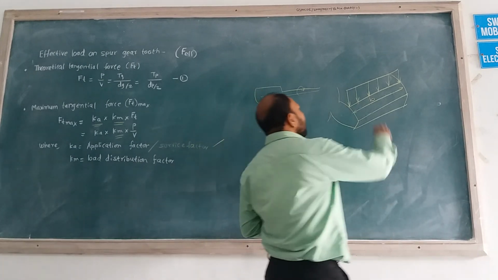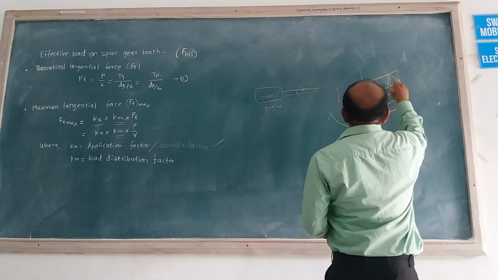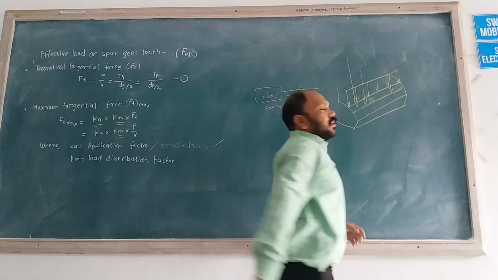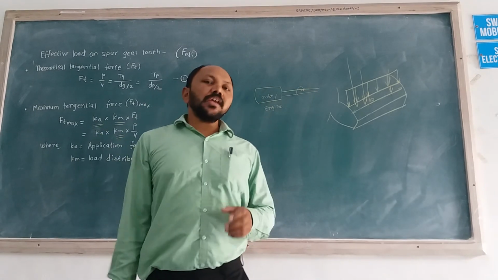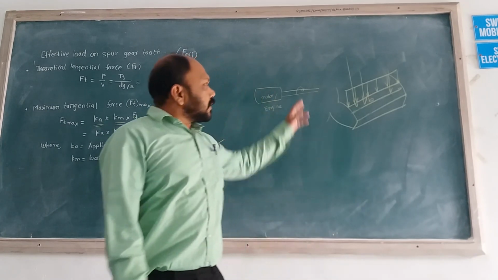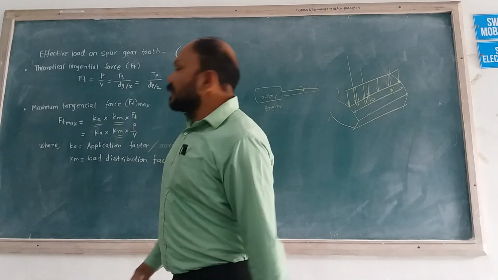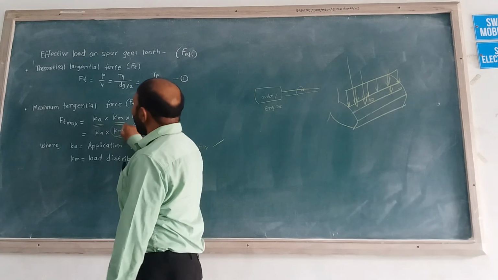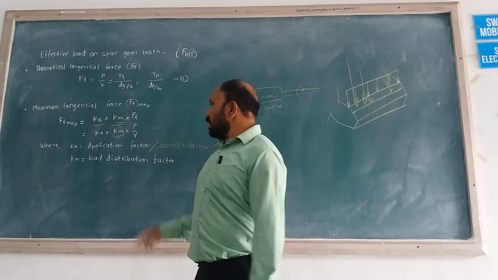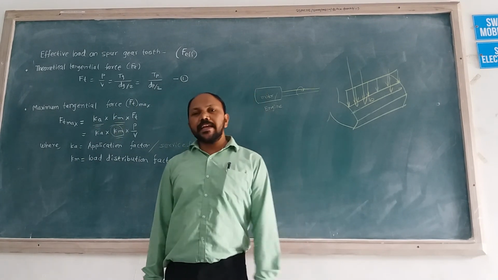The load is somewhat greater in places and somewhat less in others. To convert this varying situation into a uniformly distributed load, we take one more factor, called the load distribution factor, Km.